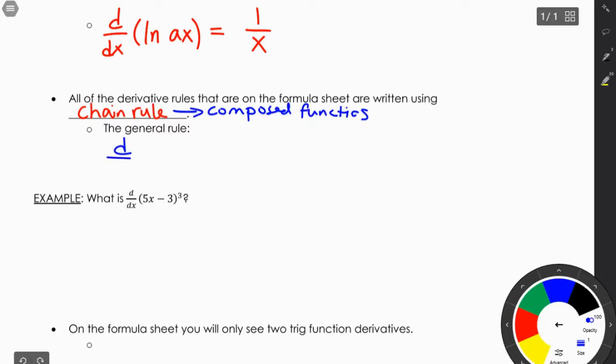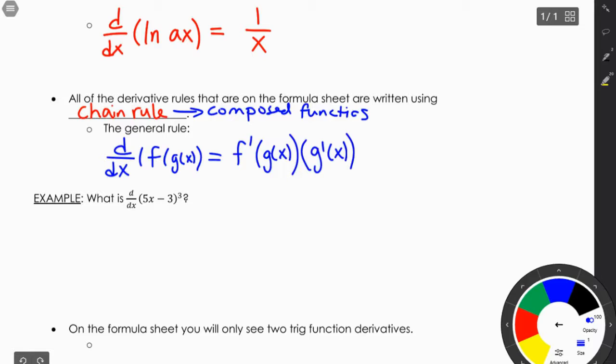So if I define the derivative of f of g of x, the answer is simply the derivative of f with the g inside of it times the derivative of g of x. Now, the way to think about it is the derivative of the outside times the derivative of the inside.